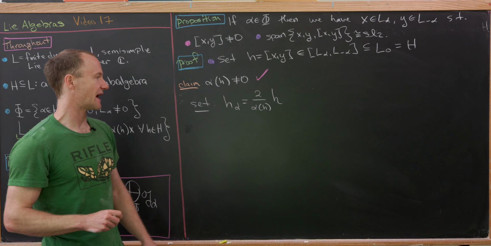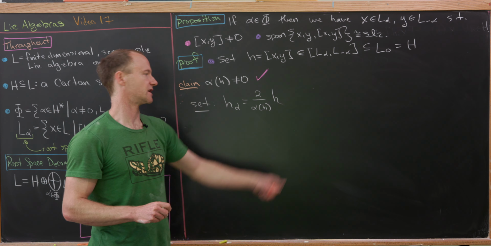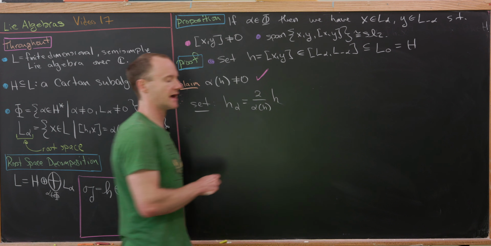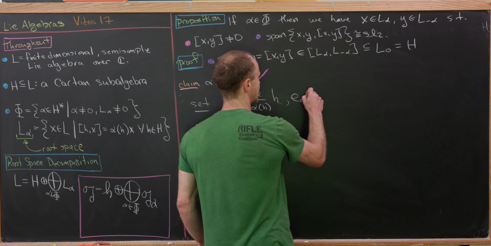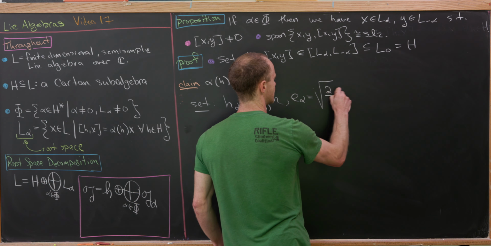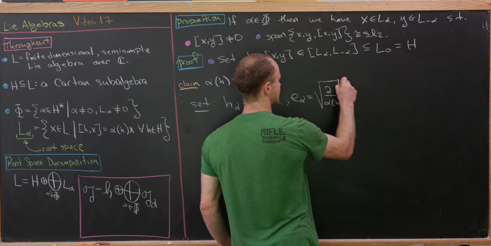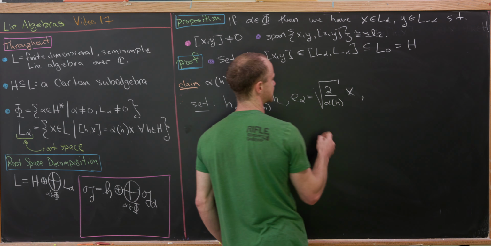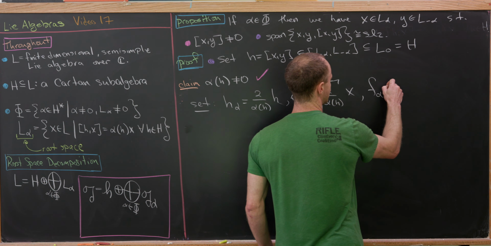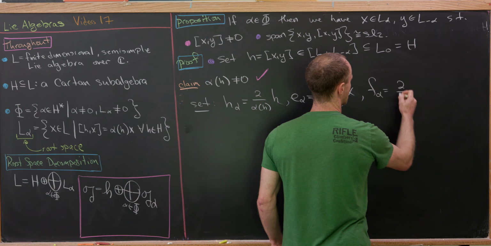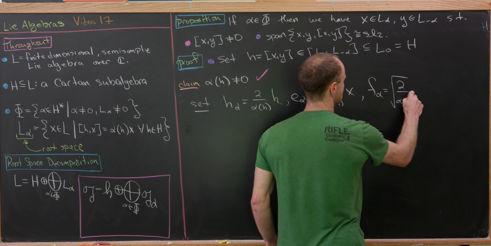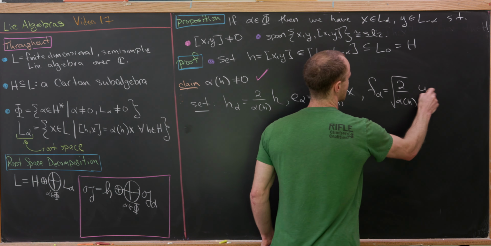Now we can divide by alpha of h because we showed that it was non-zero. So that was one of the reasons we did that. And then next we'll define E alpha to be the square root of 2 over alpha of h times x. And then finally F alpha will be equal to the square root of 2 over alpha of h times y.